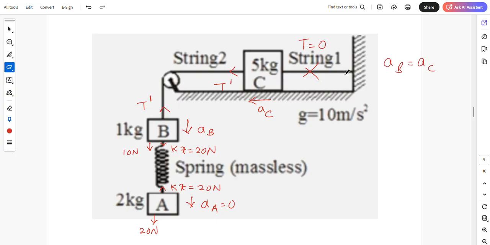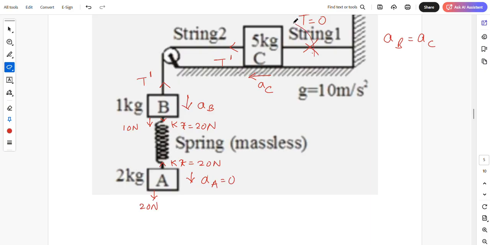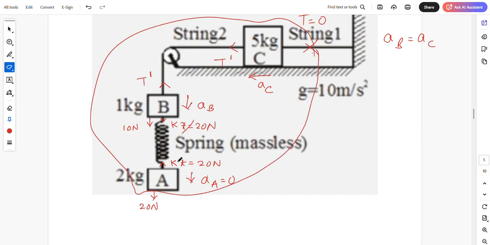AB is equal to AC because it is connected with the same string. Now let us find the acceleration of this block. If I take this as the system boundary, these two forces, the internal forces T dash, get cancelled.